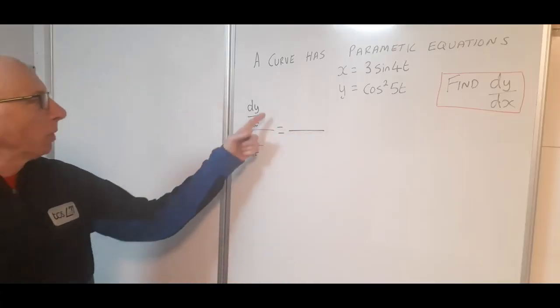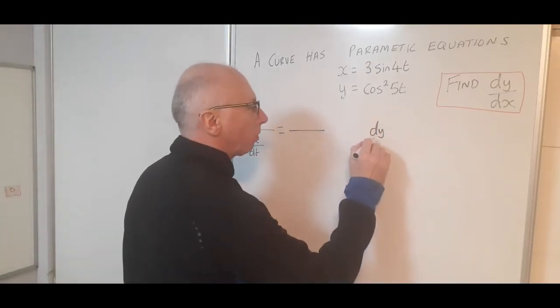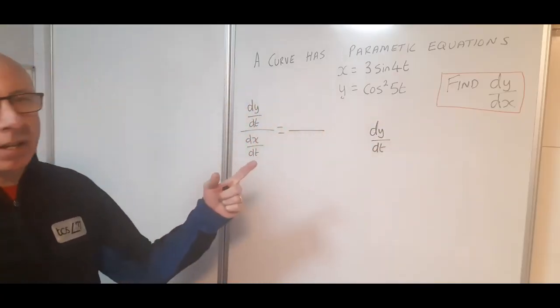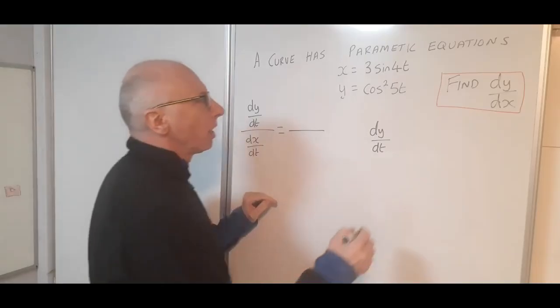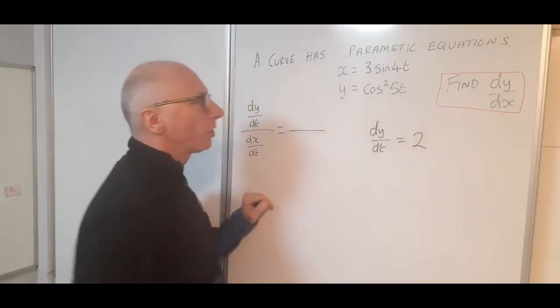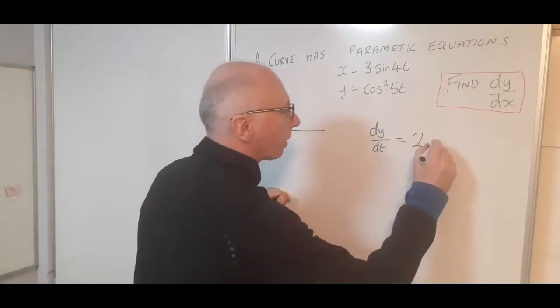Now let's get our building blocks. So dy/dt, let's take care of this one. We've got cosine squared 5t. What we can do is bring a 2 to the front, and then we've got cosine 5t, so 2 cosine 5t.